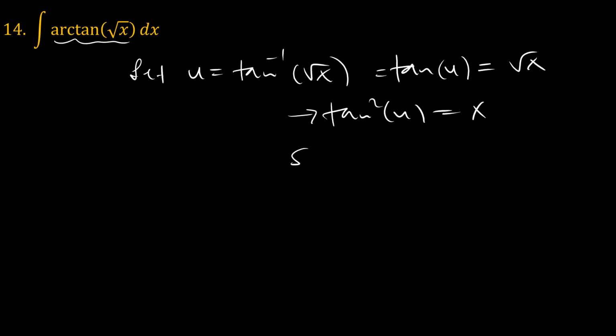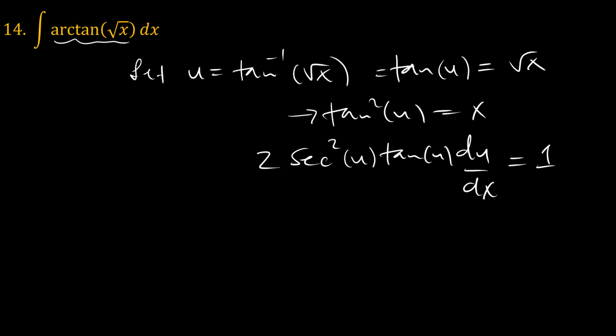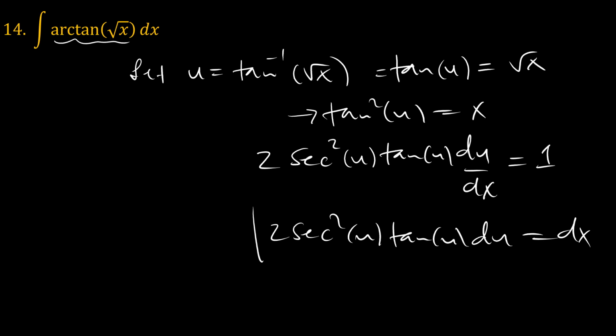So therefore secant squared u times twice tangent of u du/dx is equal to 1. And so we can substitute for that.